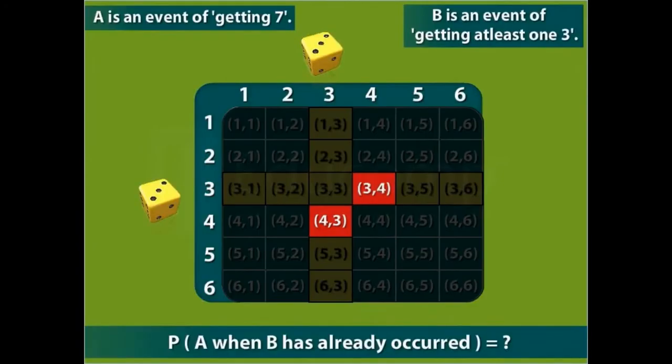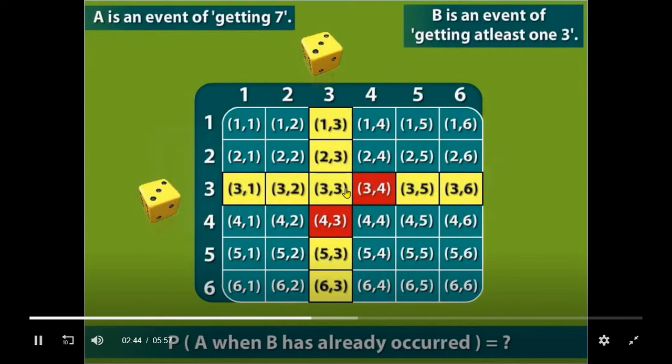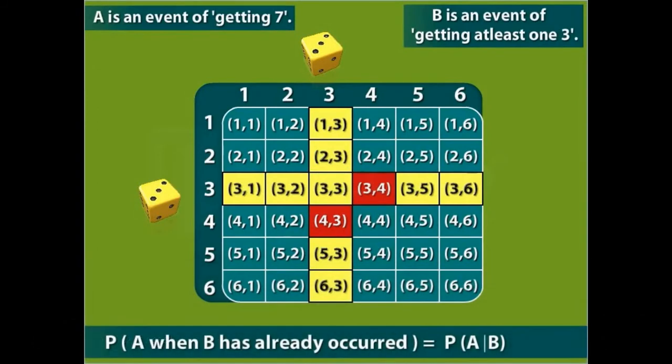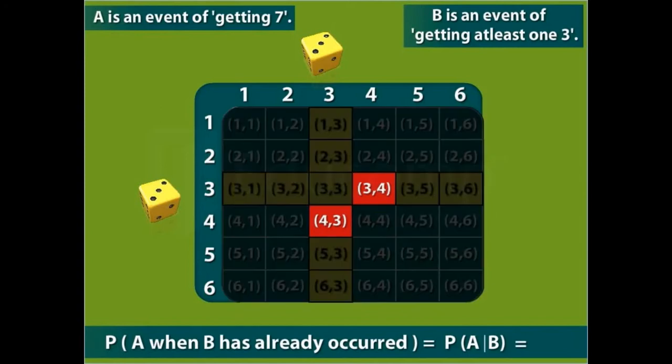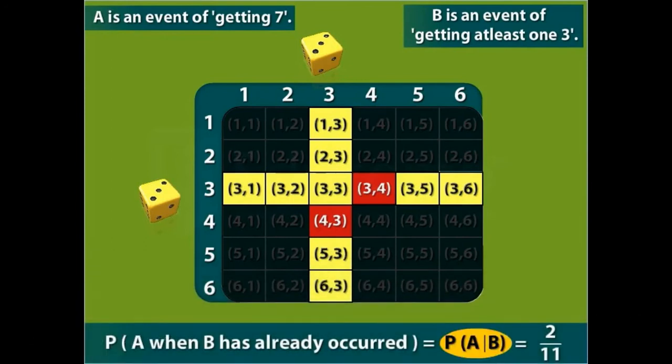Now, out of these outcomes, there are only 2 that are favorable to event A. Thus, the probability of A when B has already occurred is 2 upon 11. This is the symbol for probability of A when B has already occurred.